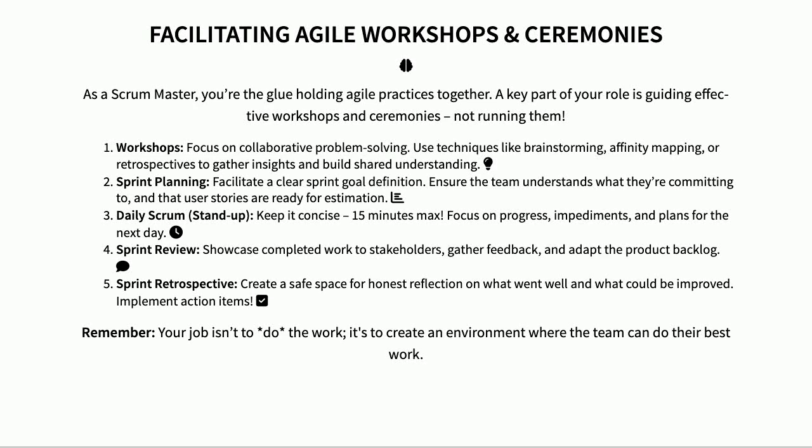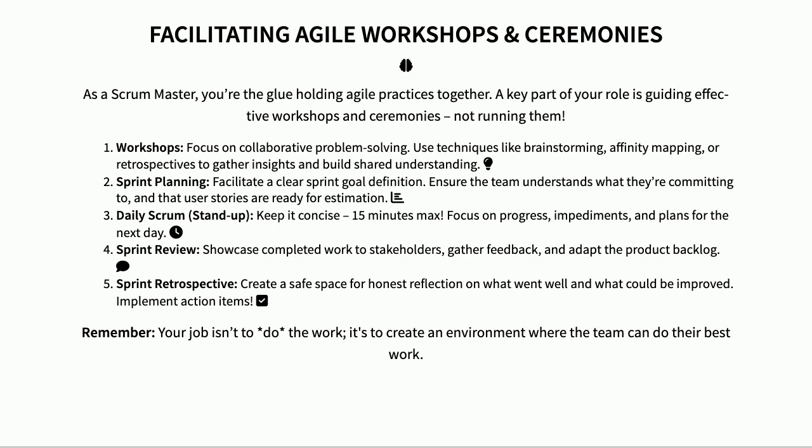Okay, let's talk about facilitating those key Agile events. As a Scrum Master, you need to be more of a guide than a driver. When it comes to workshops, think collaborative problem-solving techniques like brainstorming and affinity mapping can really help the team build on each other's ideas. Then there's sprint planning, where you ensure everyone's aligned on the sprint goal and user stories are ready to go.